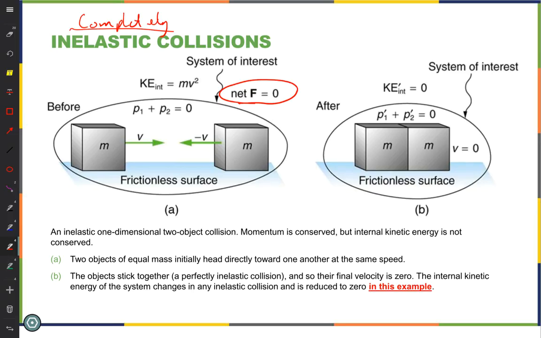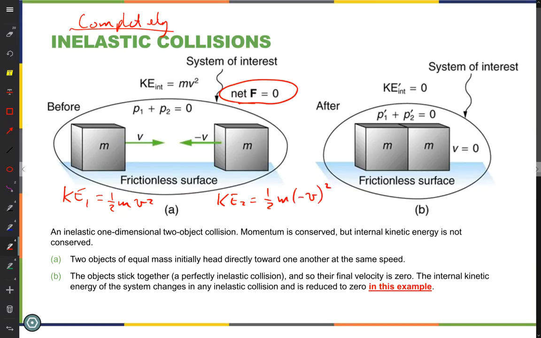One has velocity plus v, one has velocity minus v, but they're both at speed v. And so this one has kinetic energy 1 equals 1/2 m times v squared. This one has kinetic energy 2 equals 1/2 m times minus v quantity squared. You add those two together. You don't get 0 because that minus sign is inside the square. Instead, you get a total of mv squared. So that's where it came from.